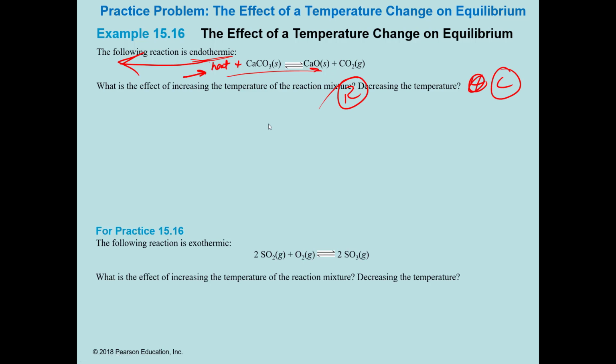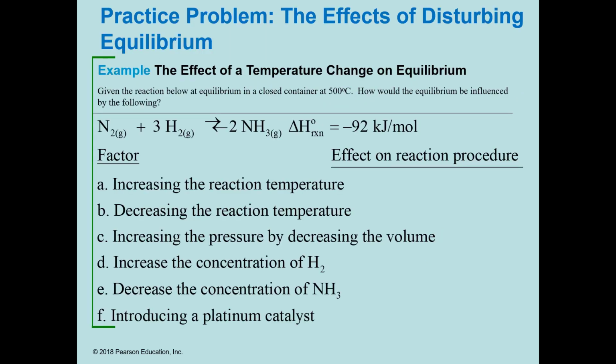This other one's exothermic, which means heat is a product. If I increase the temperature, I'm going to push it to the left. If I decrease the temperature, I'm removing heat, so I pull it to the right. Same as if I was adding concentration.